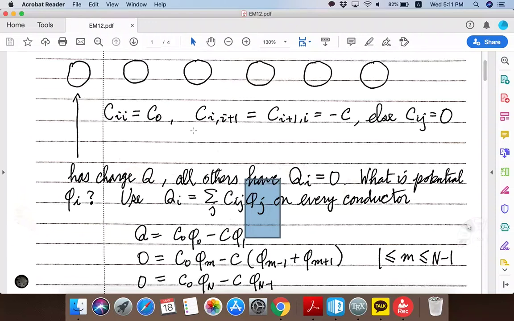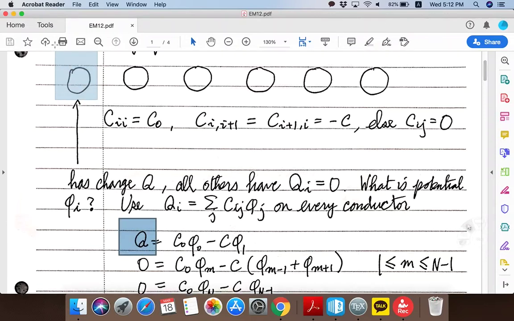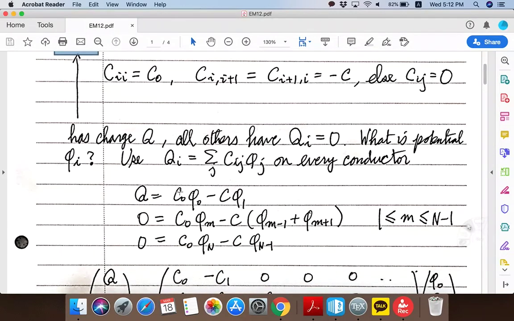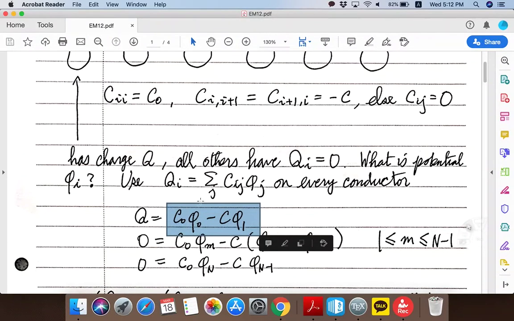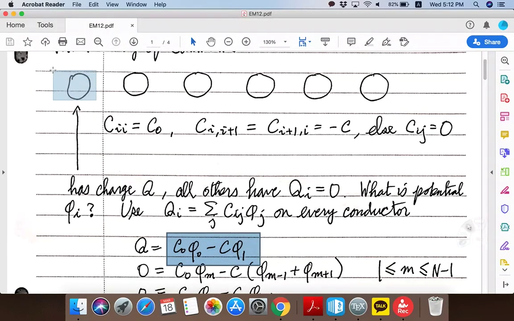So for the first conductor, where as assumed we have the charge Q sitting on this first conductor, this relation would say that it's given by the self-capacitance C0 multiplied by the potential at this conductor at the far left, minus the mutual capacitance C times the potential on the conductor to its immediate right.